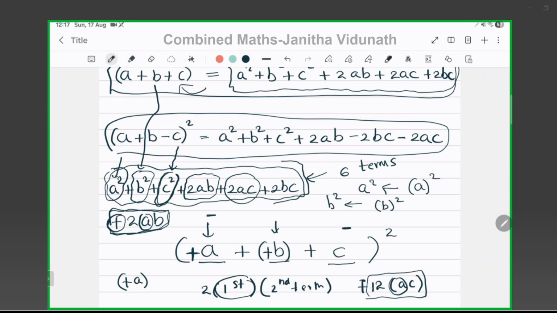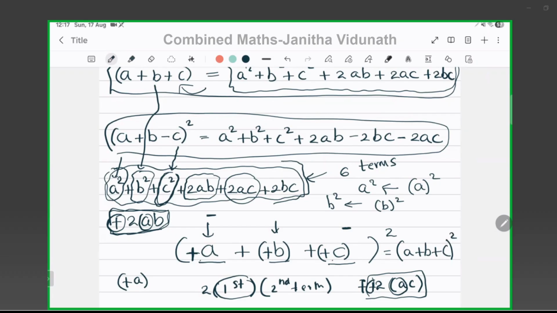Since this is also positive, this needs to be positive. Why? If we multiply a positive by a positive number, then we get a positive answer. Then the final answer of this is a plus b plus c whole square.